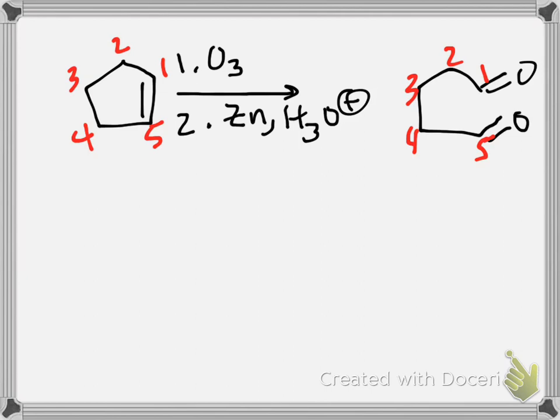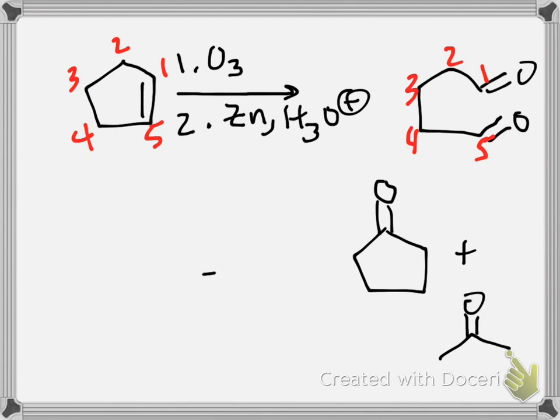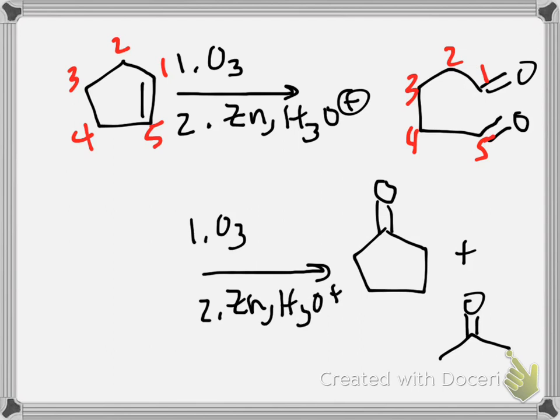So if you see a product that looks like this, and you know that it was formed from an ozonolysis reaction, then all you have to do now is stick the pieces back together again.